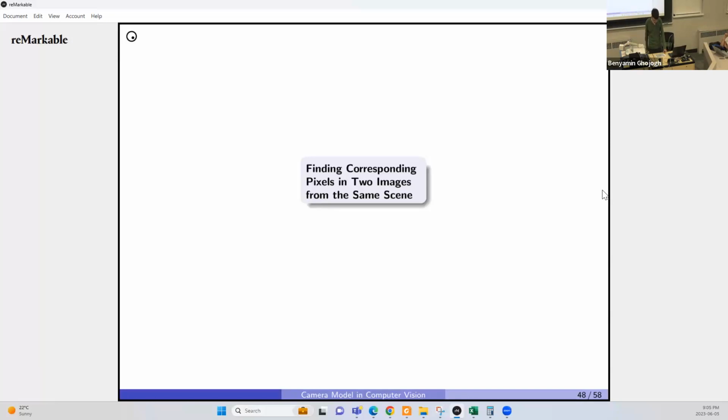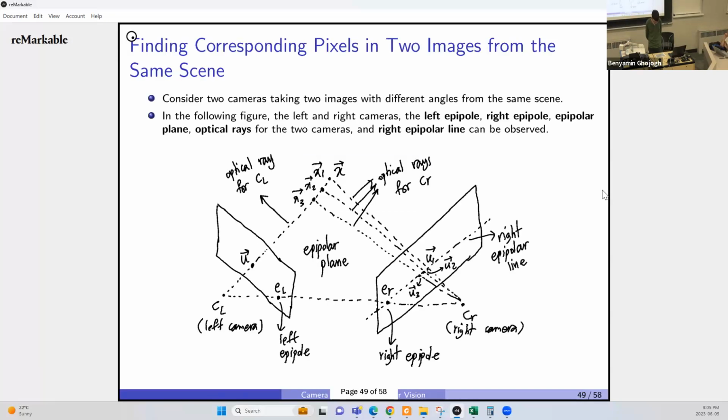Similar to what we had in panorama, but we'll see. So consider two cameras taking two images with different angles from the same scene. In the following figure, the left and right cameras, you can see, assume this is one camera facing toward this, another camera facing toward this.